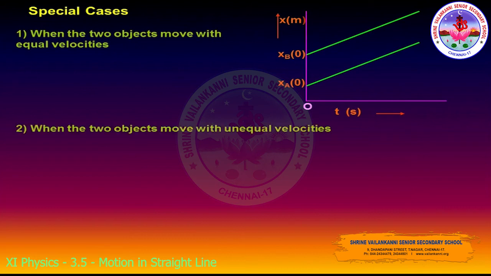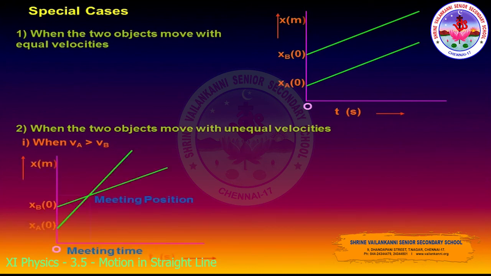The next case is when two objects move with unequal velocities, that is, when VA is greater than VB. See the diagram. Initially object 2 is ahead of object 1, and the values are positive.